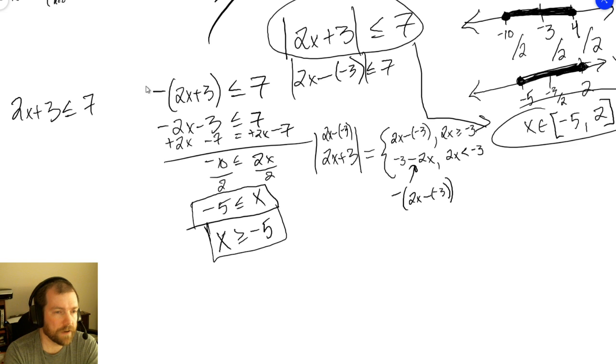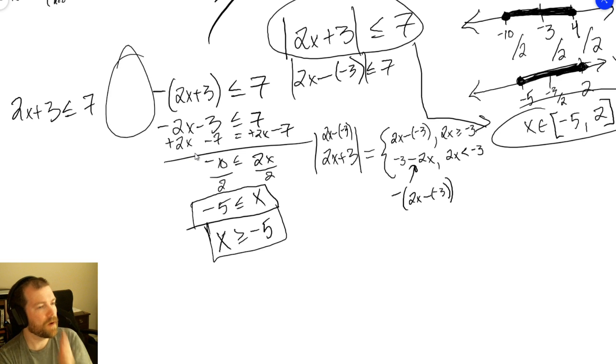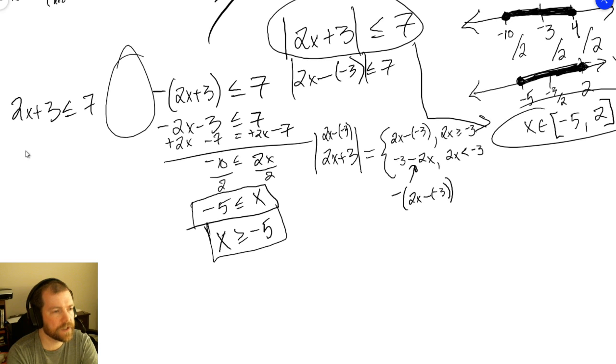And over here, we're missing something. So you could do the distance between 0 and 2x plus 3. That is just telling you that the distance between 2x plus 3 and 0 was going to be a positive number.